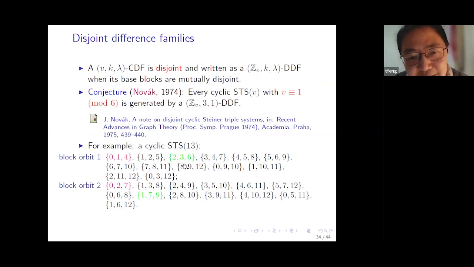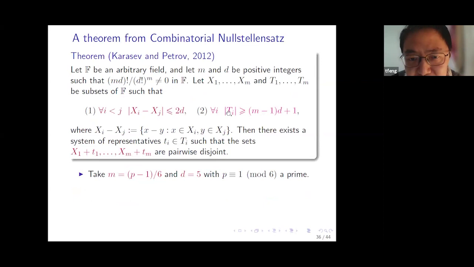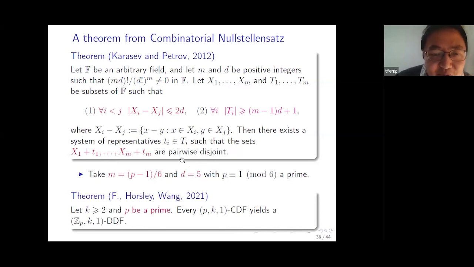So it has 13 elements. So here the size of Ti is p, because we constructed this design in the cyclic group of order p, and m is p over 6. And 2 times d is 10 here. So p, of course, is greater than 5 times p over 6. So this theorem works.